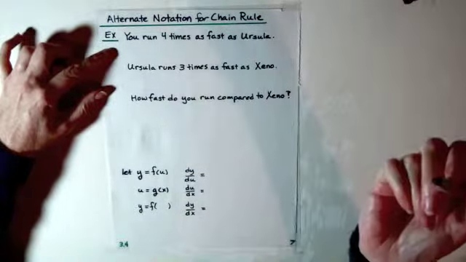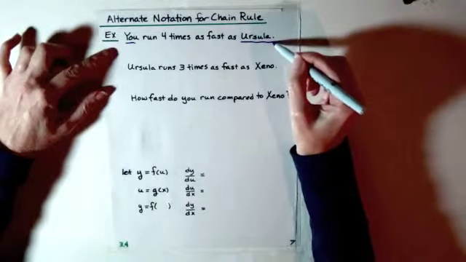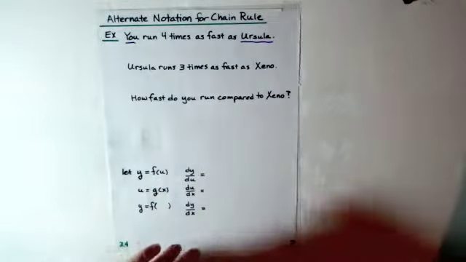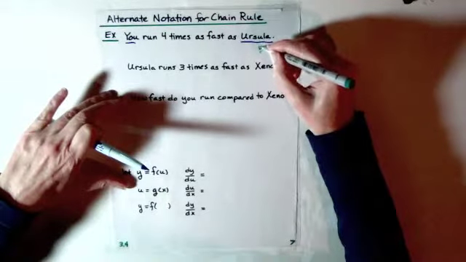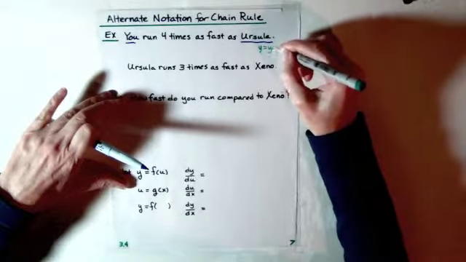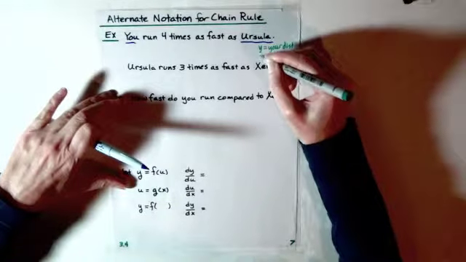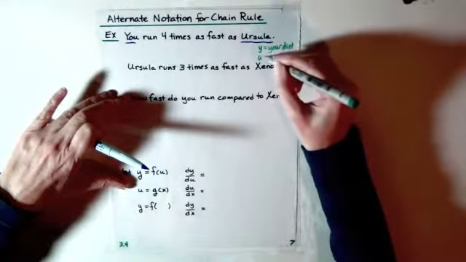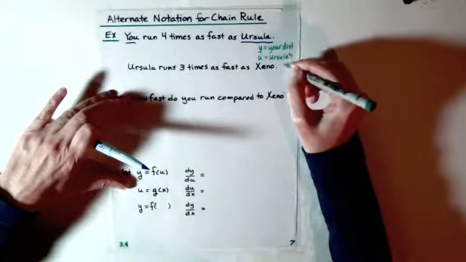Suppose that you're in some race, like a relay race, and you run 4 times as fast as Ursula runs. What I'd like you to do is to think of y as representing your distance, and think of u as representing Ursula's distance.